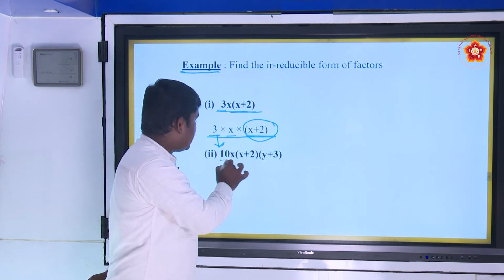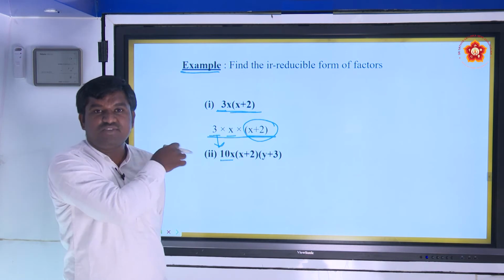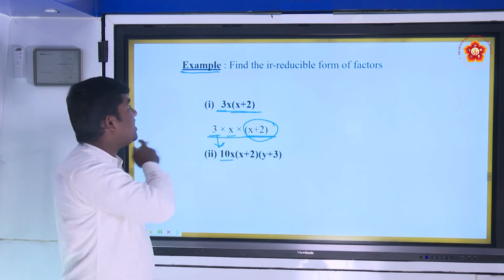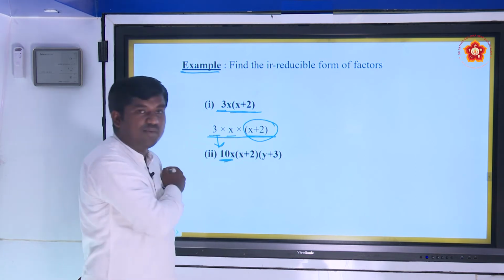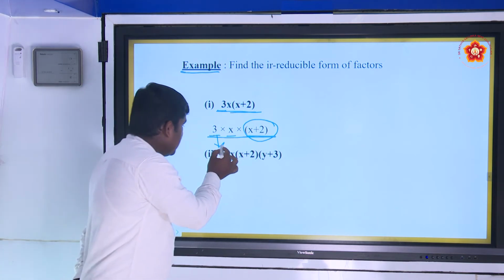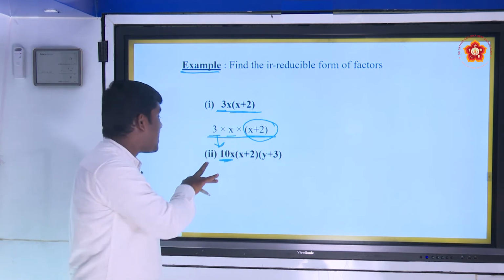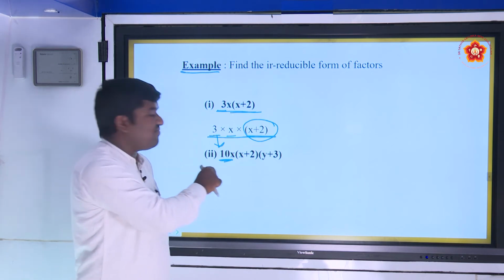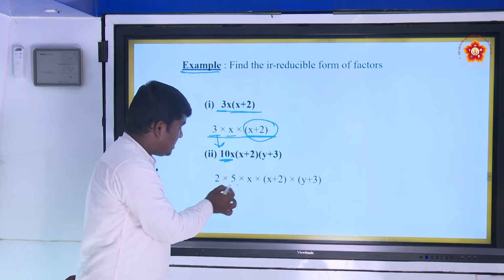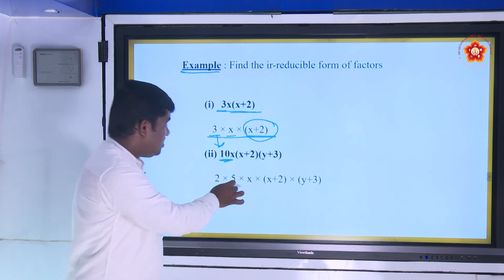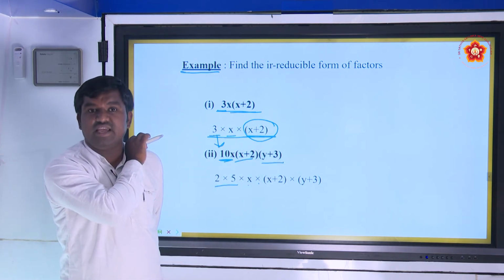Next, the second one: 10x into x plus 2 into y plus 3. Observe, how can we write this in irreducible form? Very good. 10 is a composite number. We will write it as a product of prime numbers, meaning prime factors. What are the prime factors of 10? Yes, 2 and 5. So you can write 2 into 5 into x into x plus 2 into y plus 3.